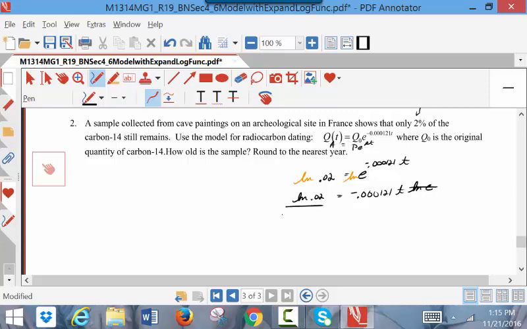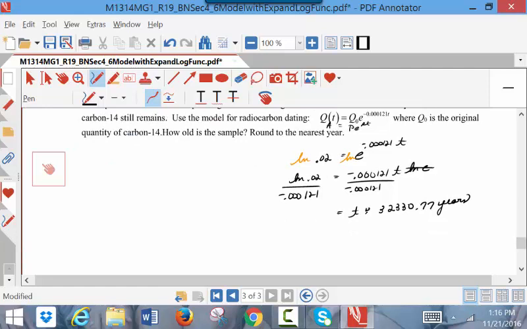Now divide both sides by the 0.000121, and you will get your time, which came out to be 32,330.77 years. But it does say round to the nearest year, so it'd be 32,331 years for it to decompose to 2% of the amount of carbon remaining.